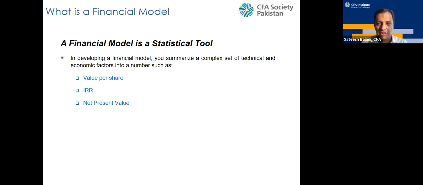So if I raise funding at 15%, if my cost of equity or my hurdle rate is 15%, what is the NPV that I'm creating out of that? You make the model in a similar manner. You create a new asset, you create a new investment, and then you forecast how that business model will turn out, how the income statement will look, how the balance sheet will look, and what the cash flows will be.